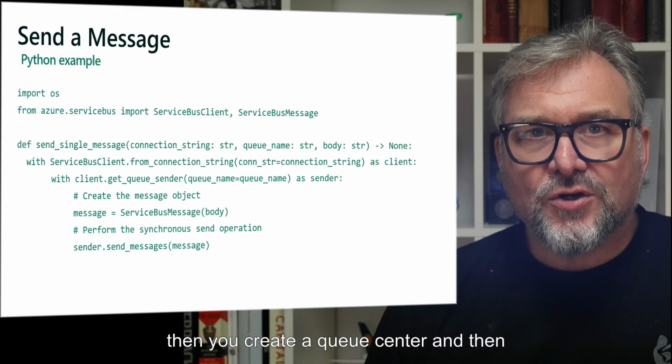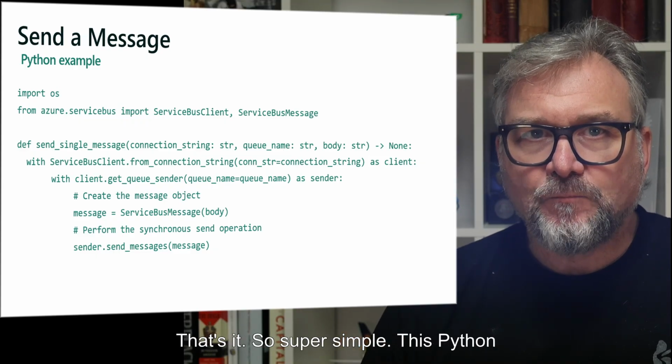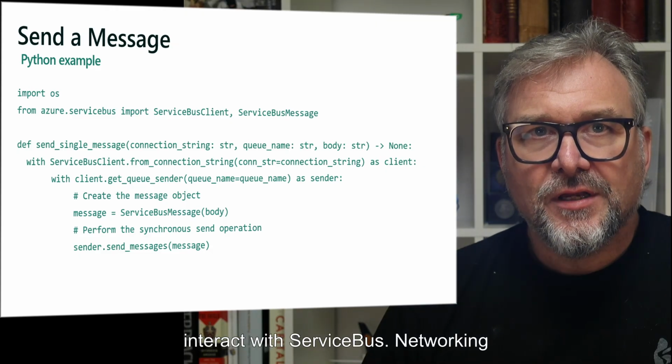Then you create a queue sender, formulate a message, and send it. That's it. So super simple. This Python example, a few lines, and that's how you interact with Service Bus.